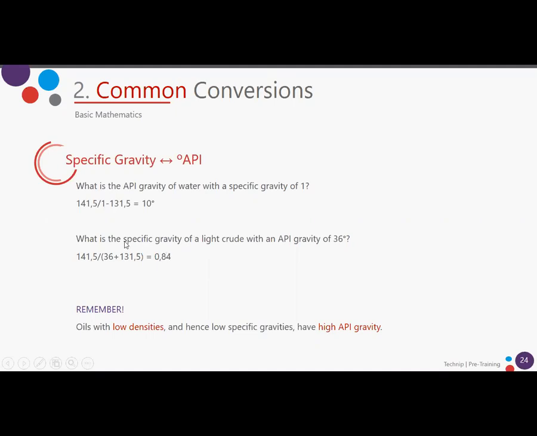Because, as we will see on the next slide, the specific gravity is always in reference to the density of water. So remember, oils with low densities and hence low specific gravities have high API gravity. So it's an inverse measure to density.